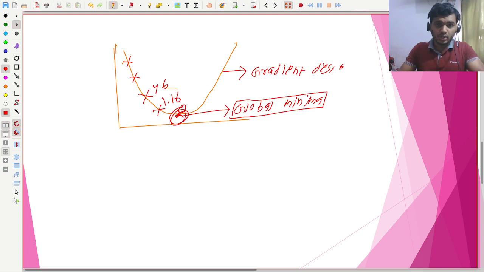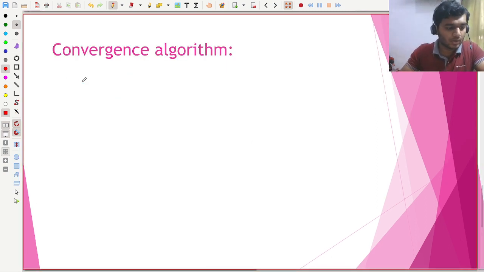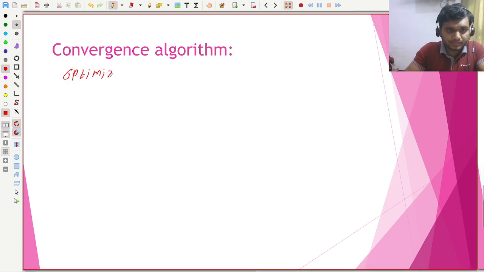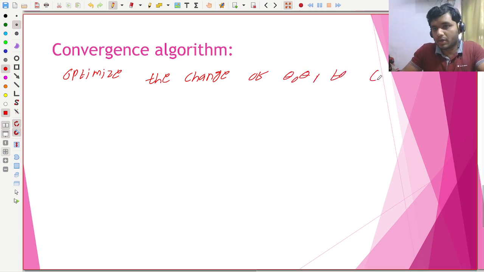So we'll discuss what the convergence algorithm is. It optimizes the change of theta 0 and theta 1 to the global minima.